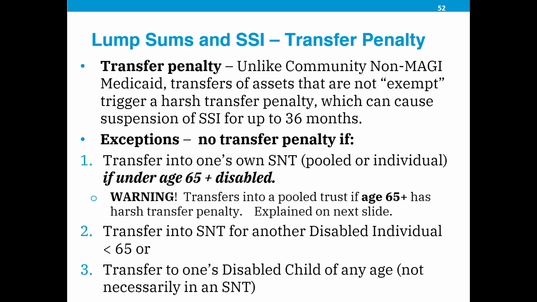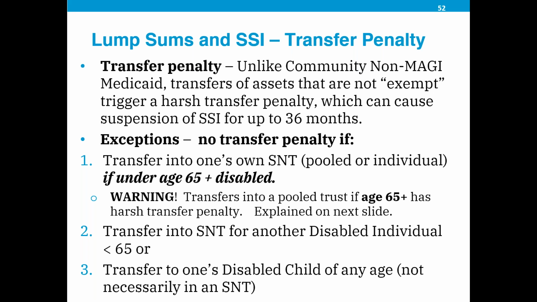Now, some of the exceptions to the penalty are, just like in Medicaid, if one is under age 65 and has a disability, one can deposit it into an S&T, either pool trust or individual trust, but not 65 or over.